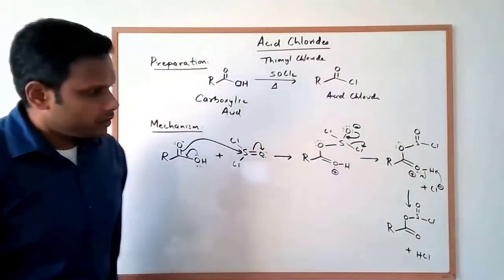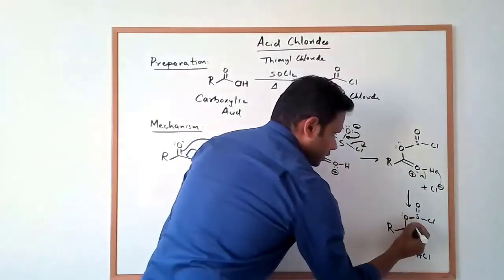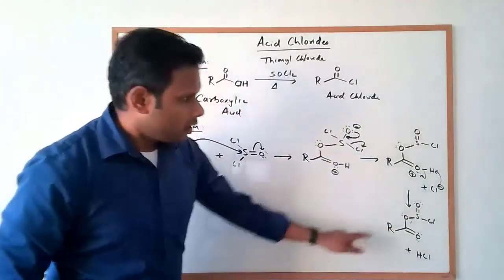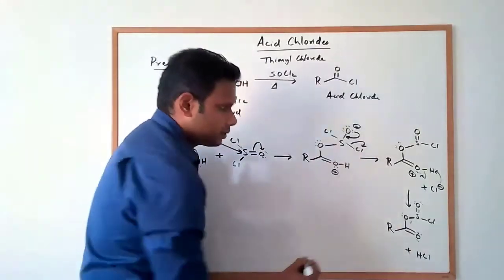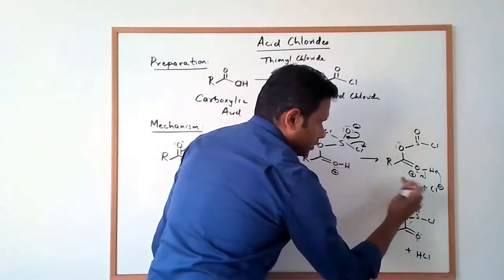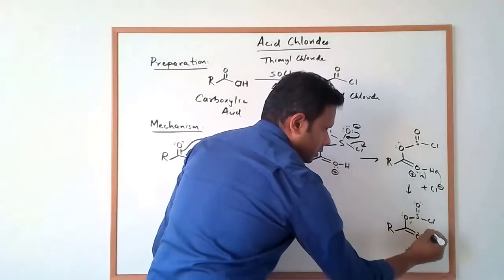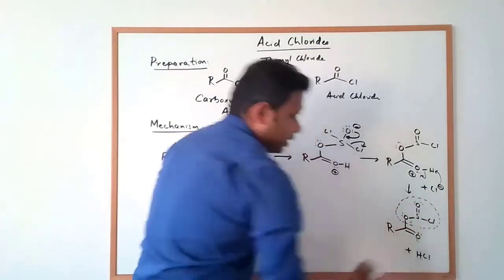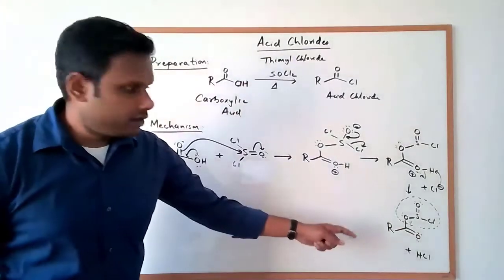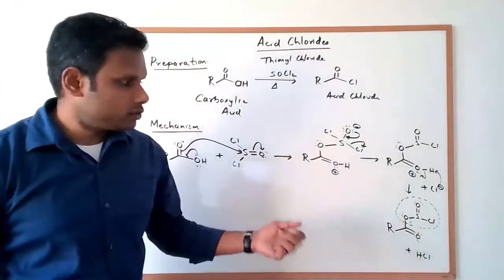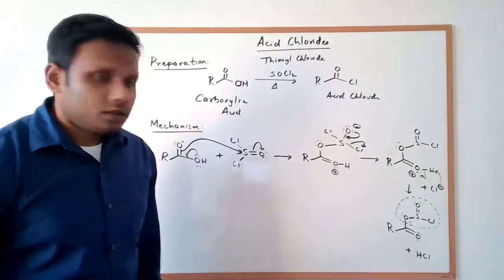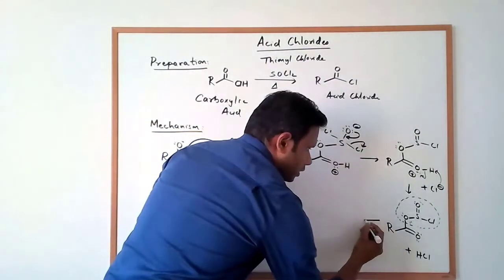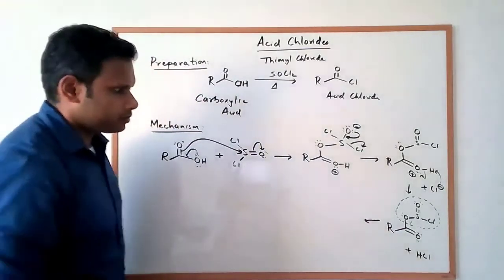And essentially, if you look at it, what we've done here is we've created a very good leaving group. Okay, we've created a good leaving group here. This group is a very nice leaving group, very similar to what happens when we react an alcohol with thionyl chloride.